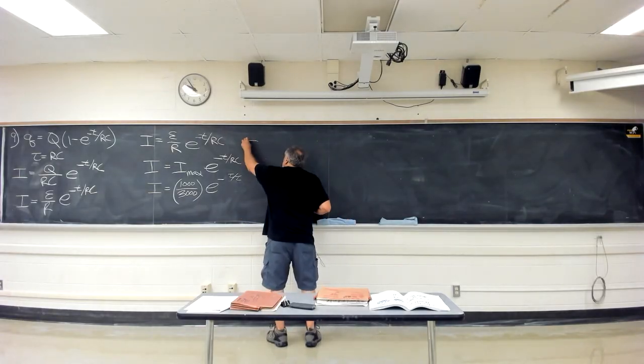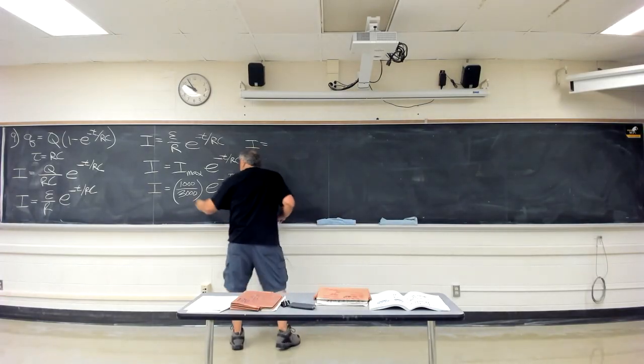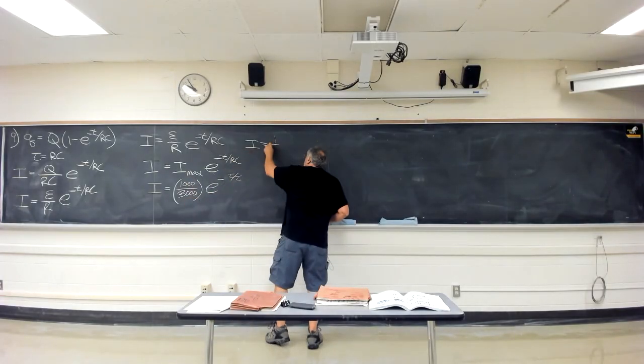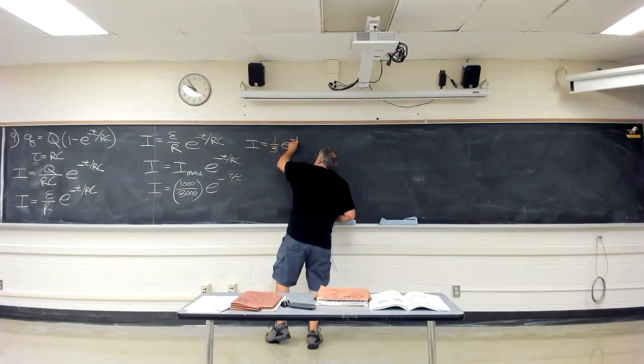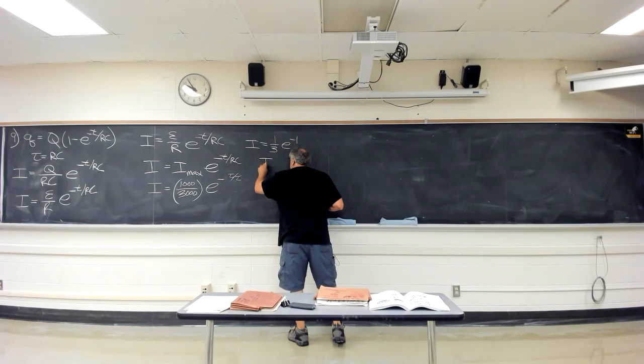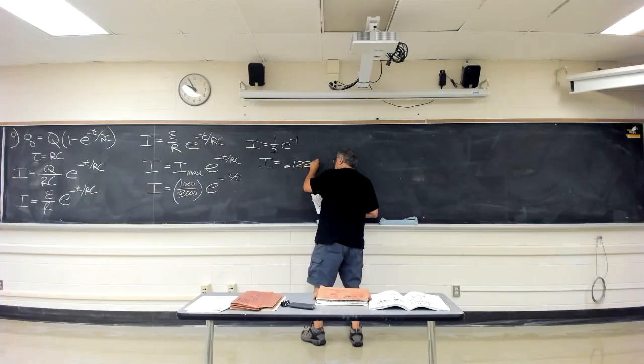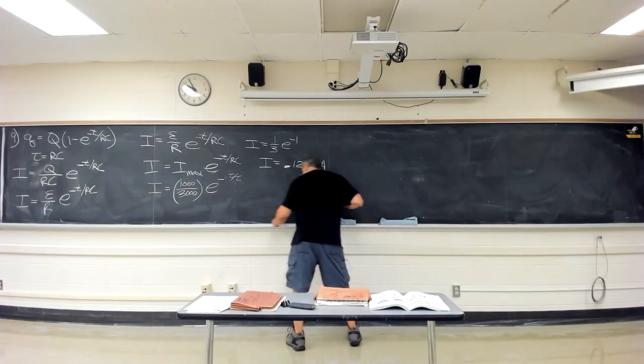You get 1,000 over 3,000, which is 1/3. This is e to the -1. And the rest is, you know, basically you've got a calculator, go for it. You get 0.1226 amps.